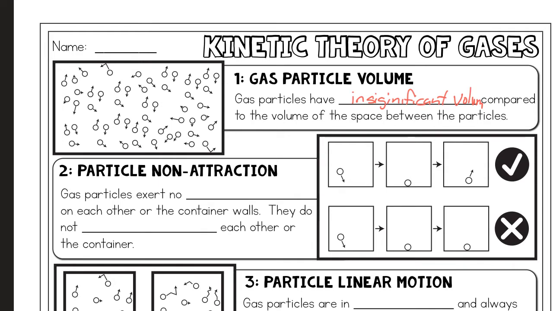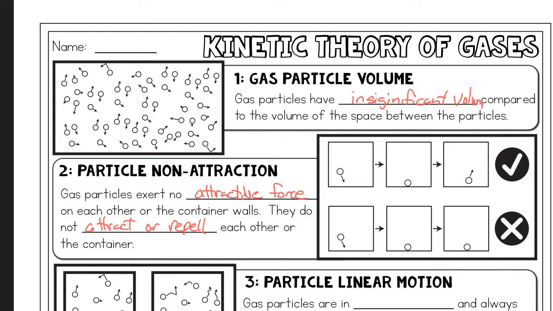The second thing about kinetic theory of gases is particle non-attraction, that gas particles exert no attractive force on each other or the container walls. They do not attract or repel each other.